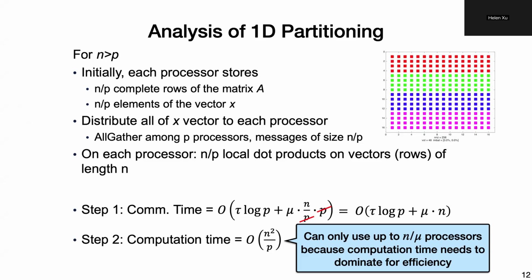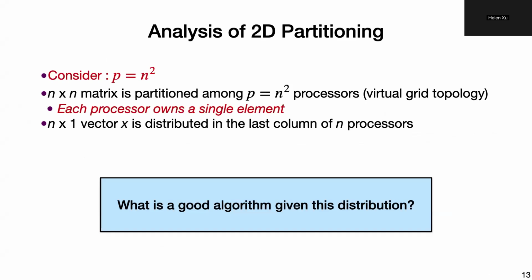So that's just one way to check: if you see something like serial work over p, then you probably did the computation time right, unless your algorithm is work inefficient.